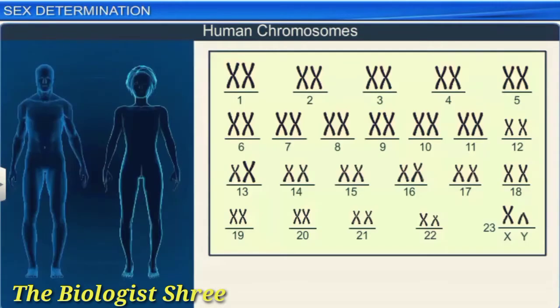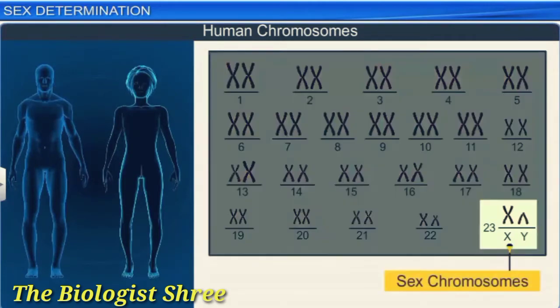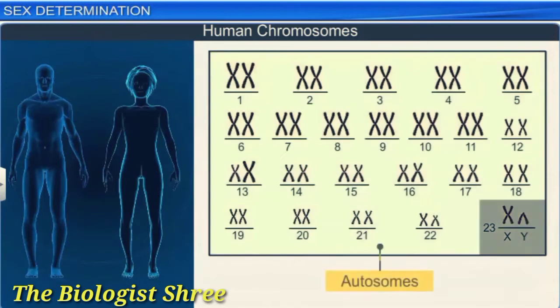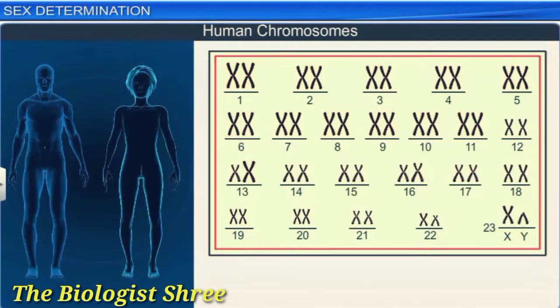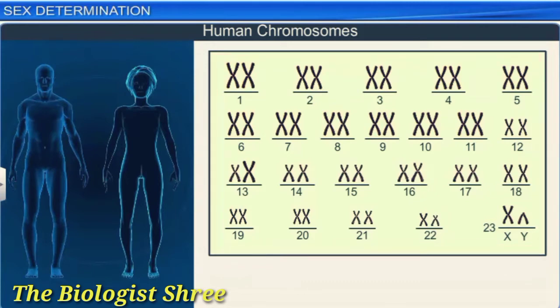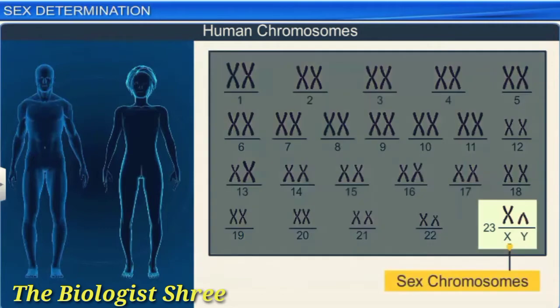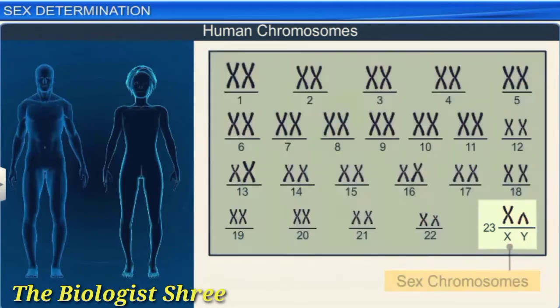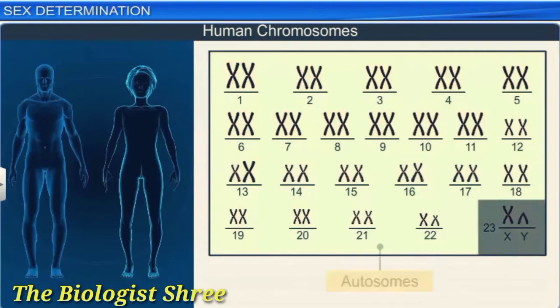These sex-determining chromosomes are called sex chromosomes, while the rest of the chromosomes are called autosomes. For example, human beings have 23 pairs of chromosomes. Of these, just one pair is the sex chromosome, while the remaining 22 pairs are autosomes.